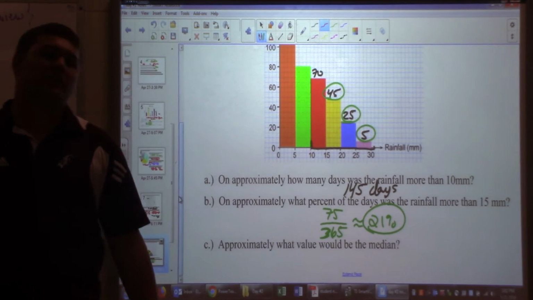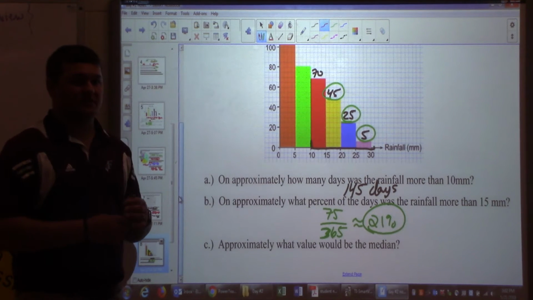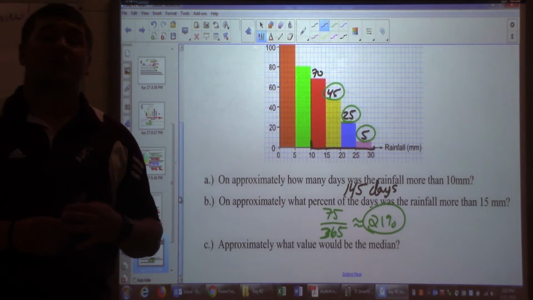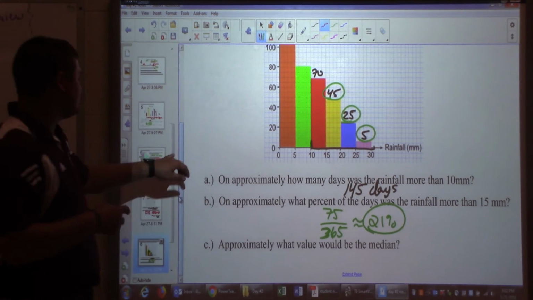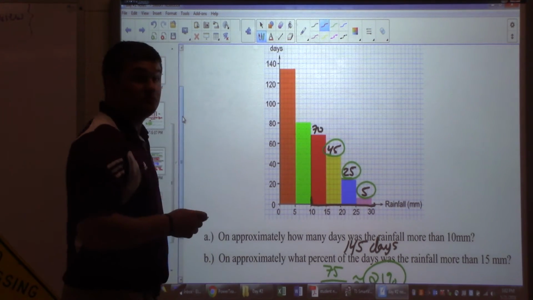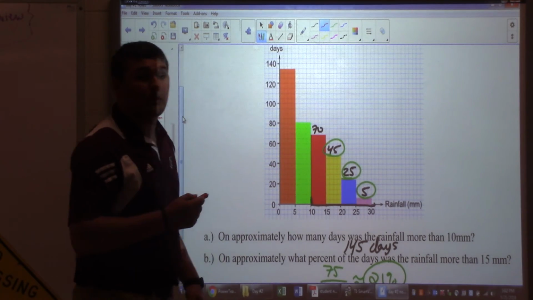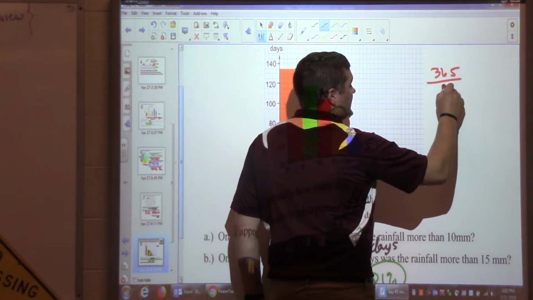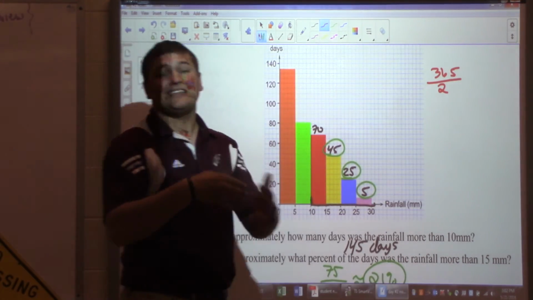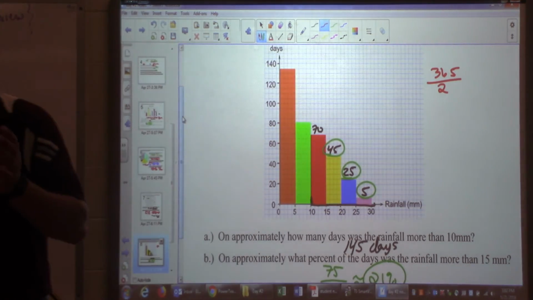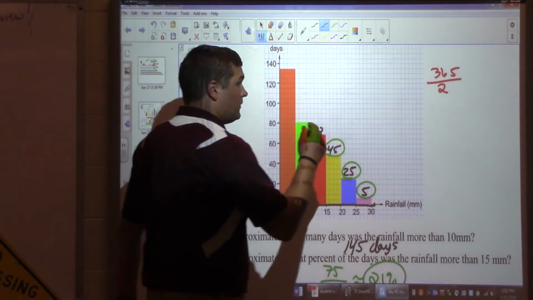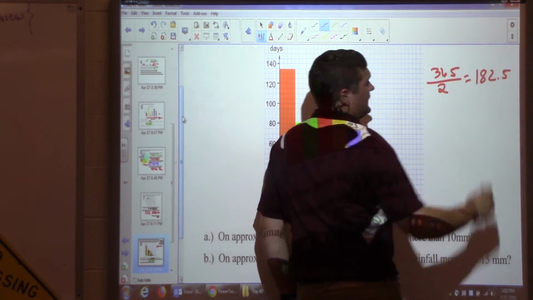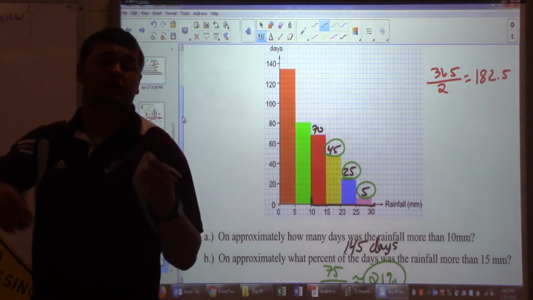So, how do I find the median on a histogram like this? Well, how many data points do I have? If Jim didn't lie, I should have 365. And the median is exactly in the middle. So if I divide that by 2, it should be 182.5, right between 182 and 183.